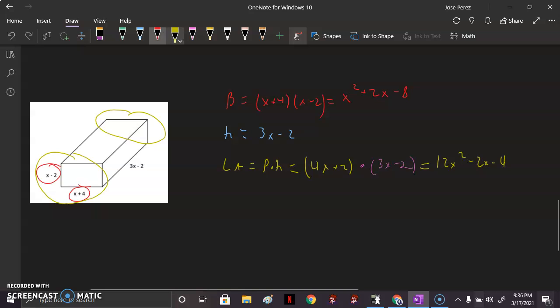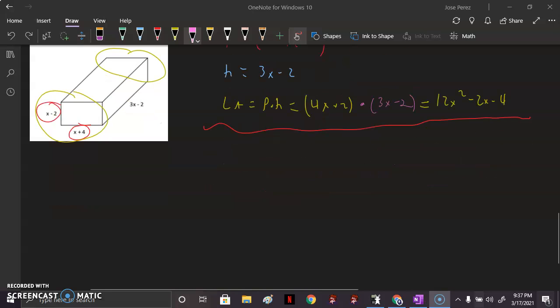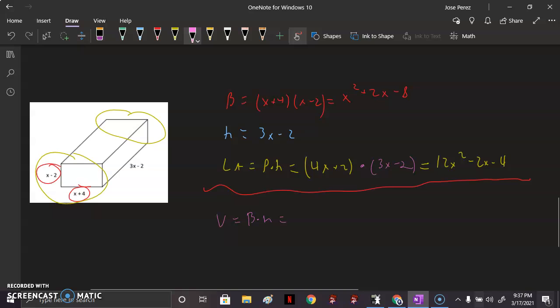And we can get started with the volume now. And this is going to be fun, guys. Now, since volume equals base times height, we have our base, which would be x squared plus 2x minus 8 times the height, which would be 3x minus 2.